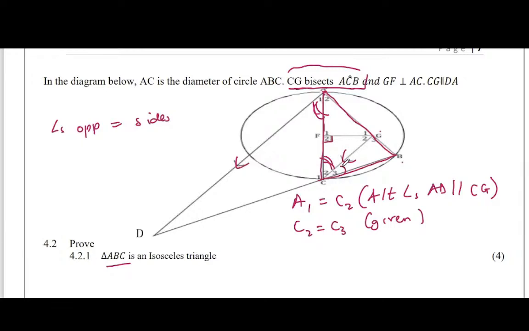Okay, A1 is the same as the C3. Then now we're saying C3 is going to be the same as D. Okay, we're saying C3 is going to be the same as D.